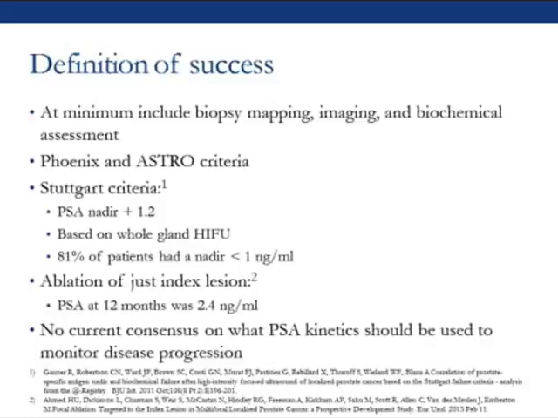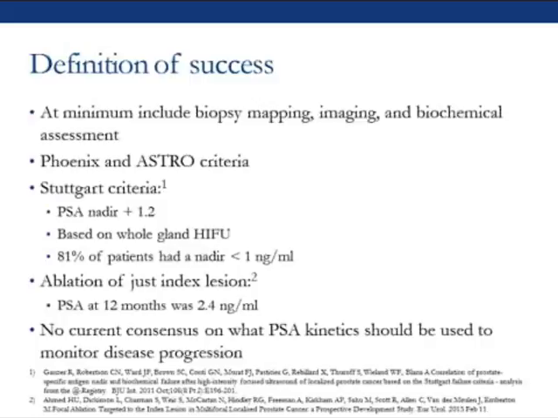Sugart came up with an idea or a concept of defining biochemical failure based on HIFU, but again, that was whole gland HIFU ablation, and his criteria is basically the nadir plus 1.2, but he showed that for the majority of patients, the nadir was less than 1.